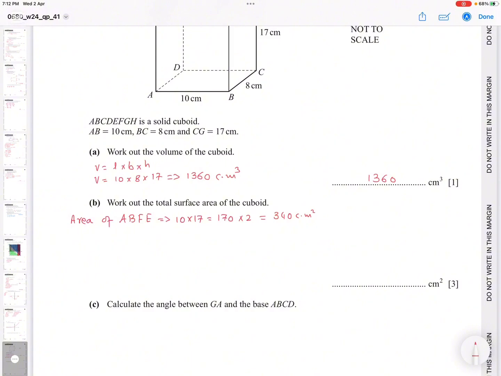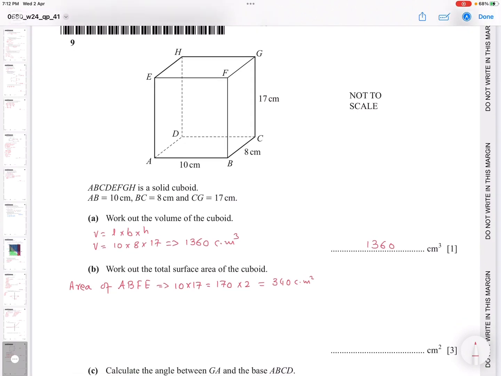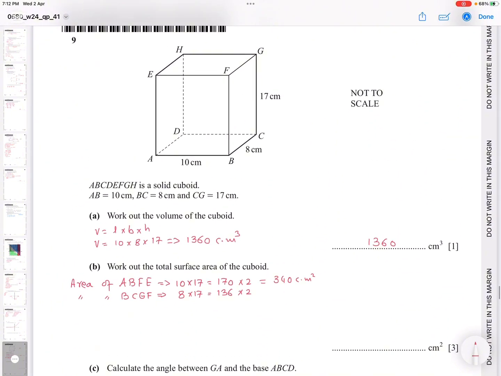centimeters squared. Now area of BCGF, this side, right side, BCGF, see the diagram. So area of BCGF, and this is 8 into 17, and this will give me 136, and I'm going to multiply it by 2 because exactly on the opposite side of BCGF we have ADHE.